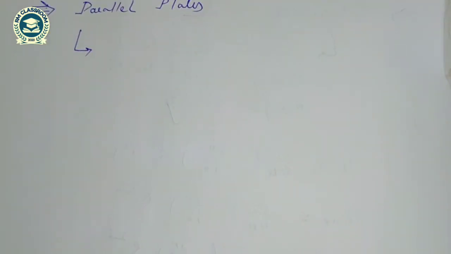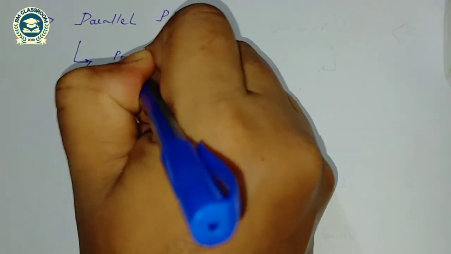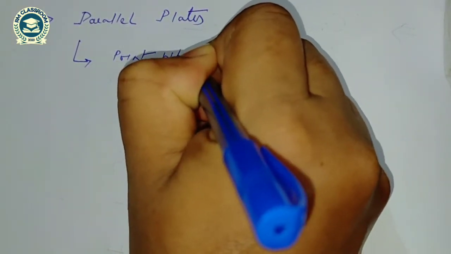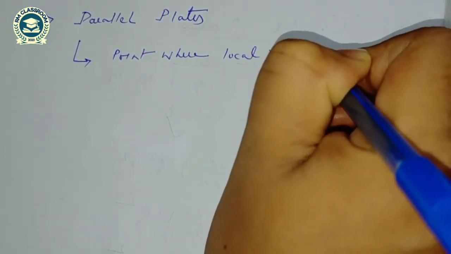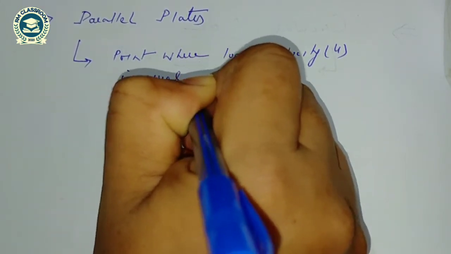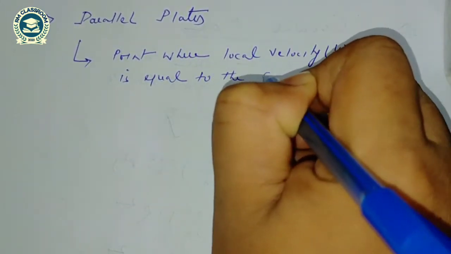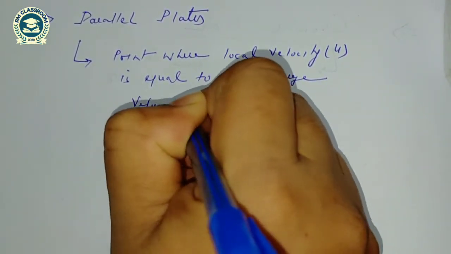Now I am going to discuss for parallel plates the point where local velocity is equal to the average velocity.